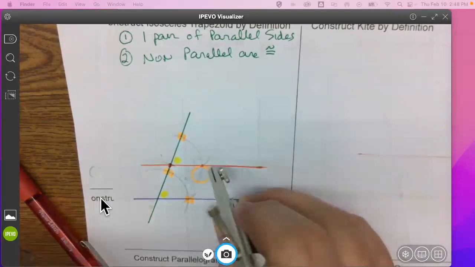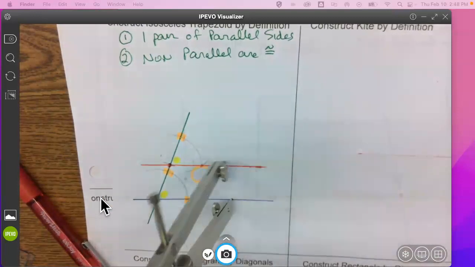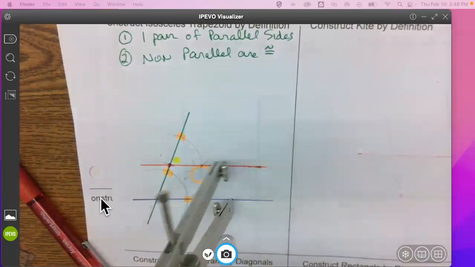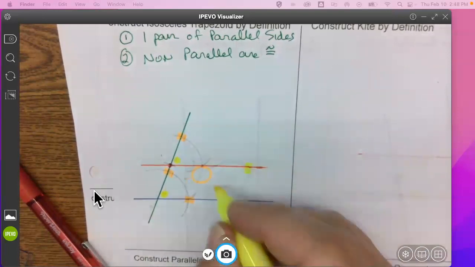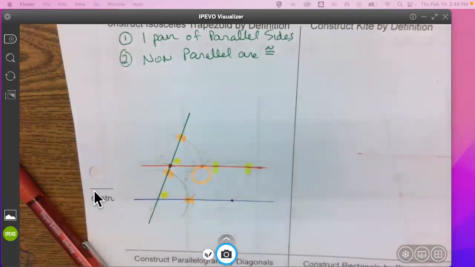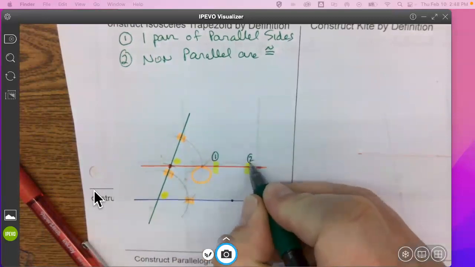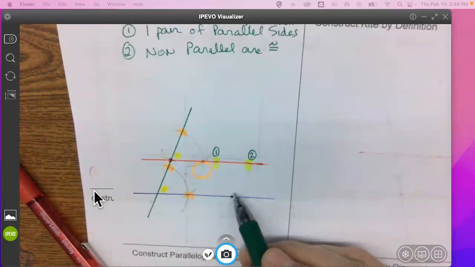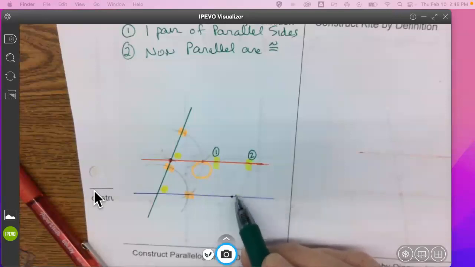When I put the needle there and mark, what I find is that it actually hits my parallel line in two places, right? It hits once here and once here. Let's call this point 1 and this point 2. If I connect this to point 2, what kind of shape am I making? Parallelogram.